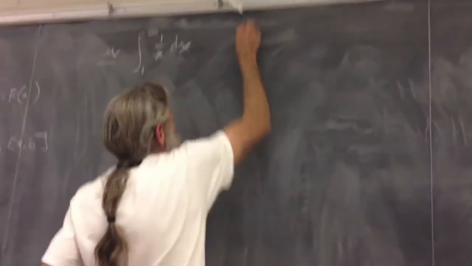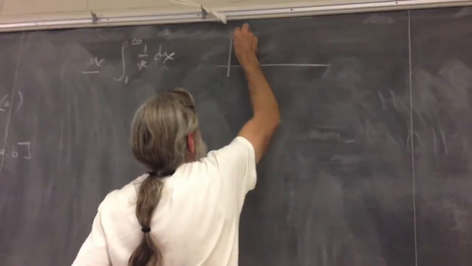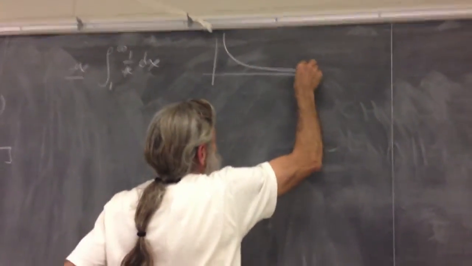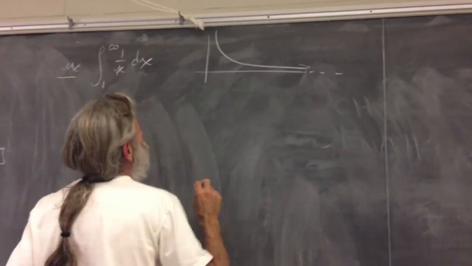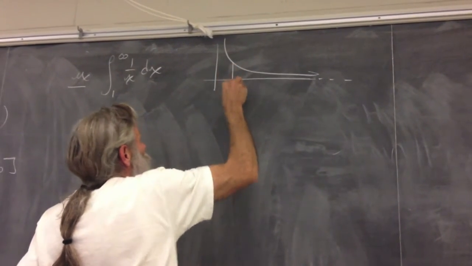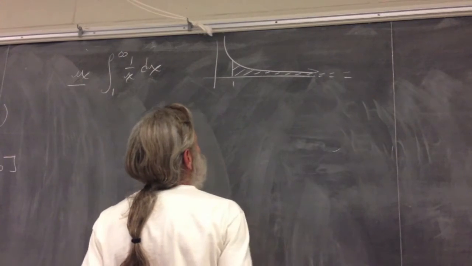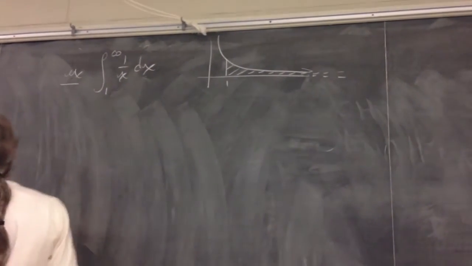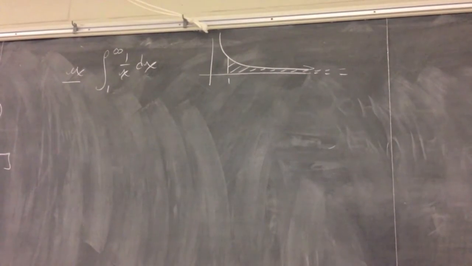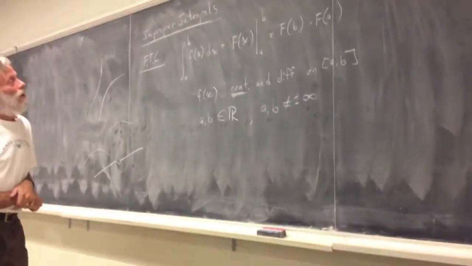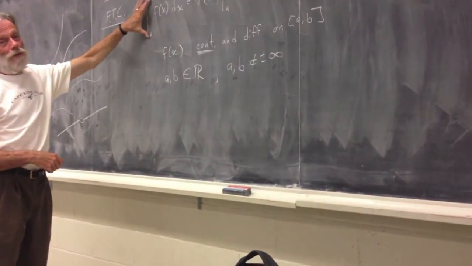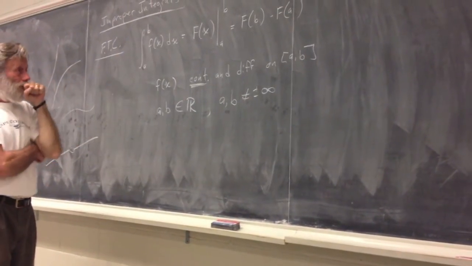We think we want to take this reciprocal function, find where 1 is, and find this value all the way out. The problem is that we can't have an infinite bound here. We have to have some real number for these limits.